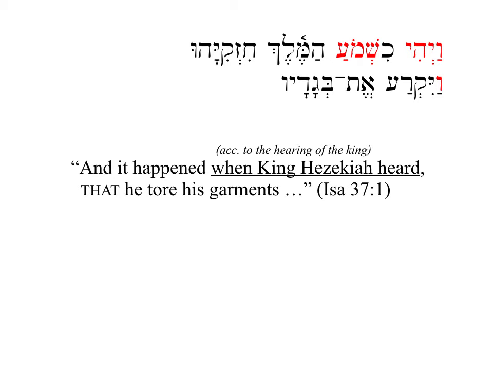We get a vav consecutive. This is the typical Hebrew way of giving a time orientation and then continuing the narrative and telling you what happens. In English, we usually say, when King Hezekiah heard, he tore his garments, and we treat the phrase, when King Hezekiah heard, as a subordinate clause that doesn't require a connector between the first clause and the second clause.